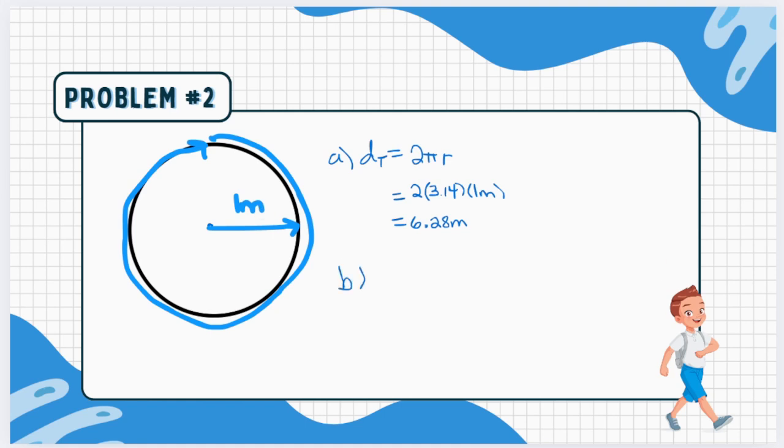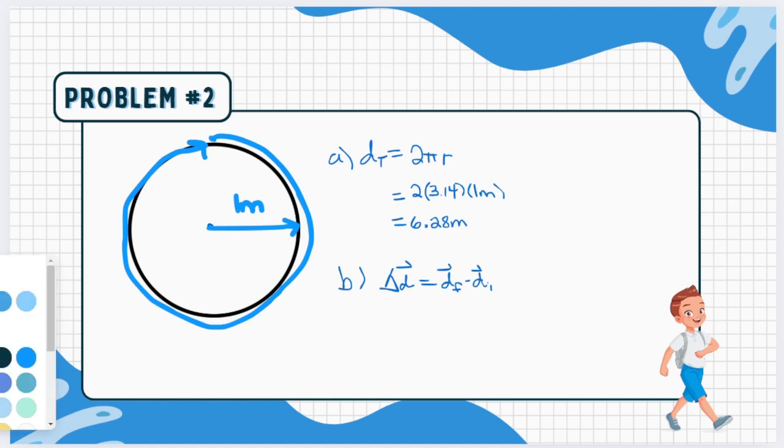So, for the next question, we are looking for the displacement. Now, remember that the displacement is the difference between the final and the initial positions. However, if you will notice, bumalik lang po si car sa initial position niya.